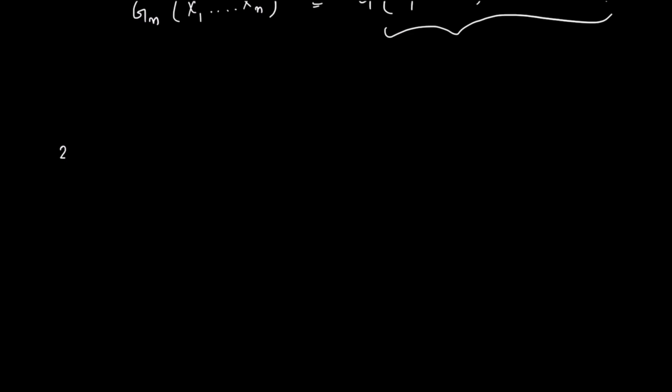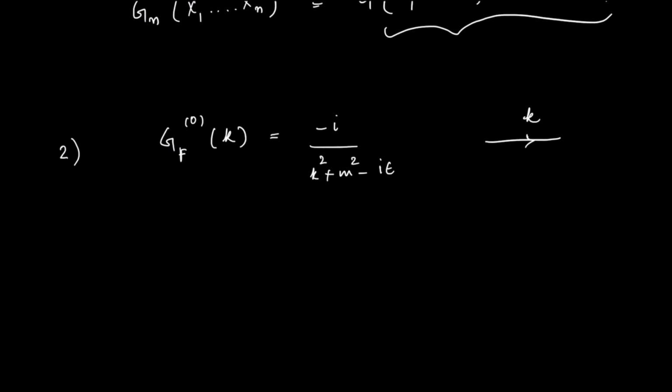In momentum space, the Feynman propagator is given by G_F(k) = -i / (k² + m² - iε), right? So this is a propagator with momentum k.